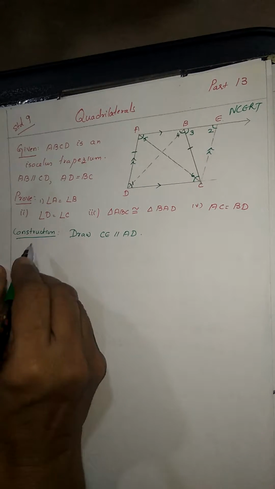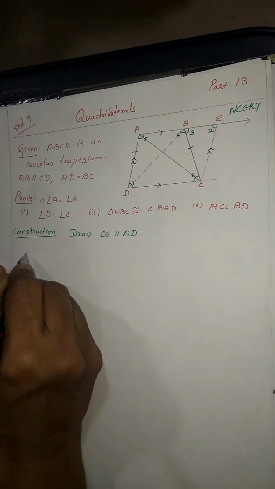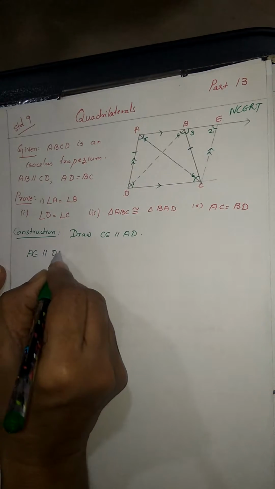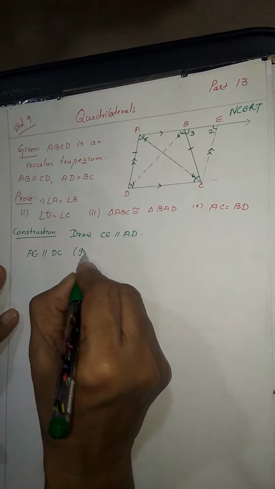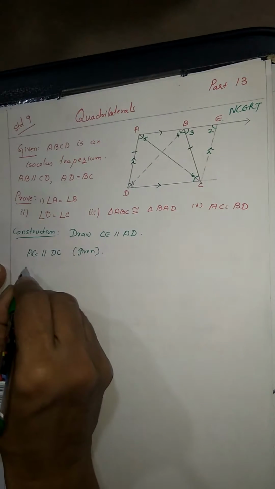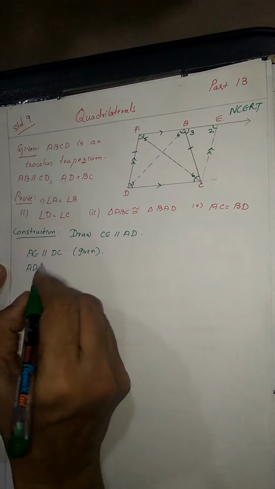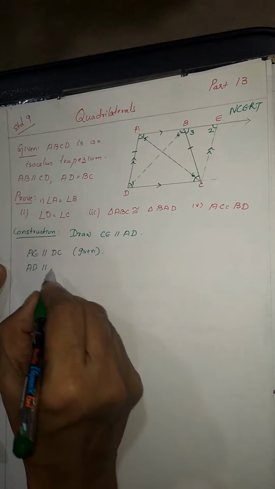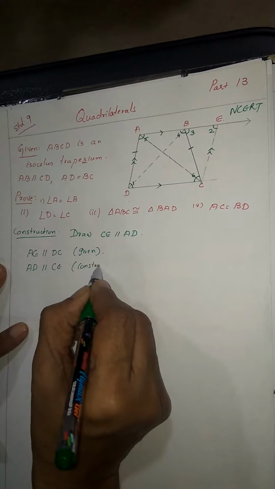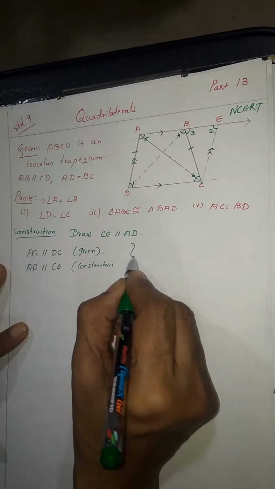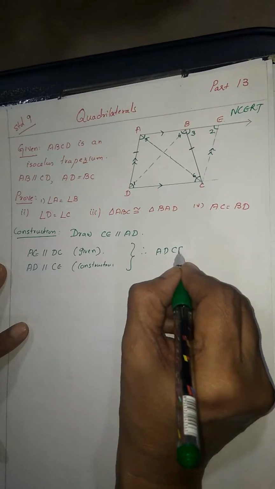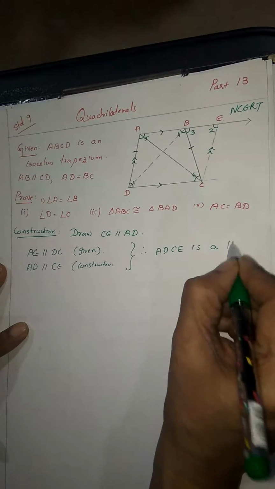So now AE is parallel to DC is given, and AD is parallel to CE by construction. Therefore ADCE is a parallelogram.